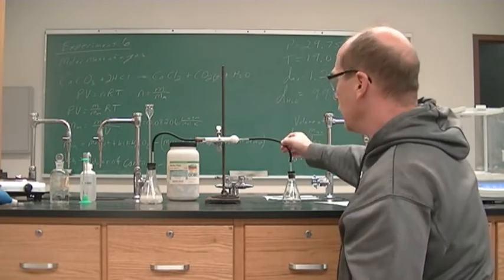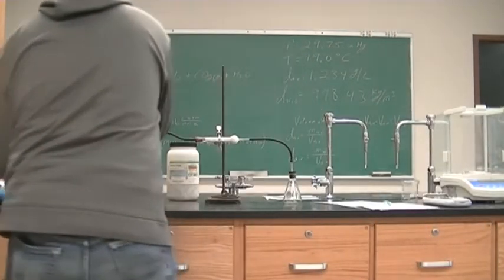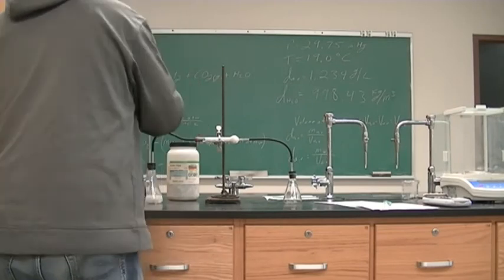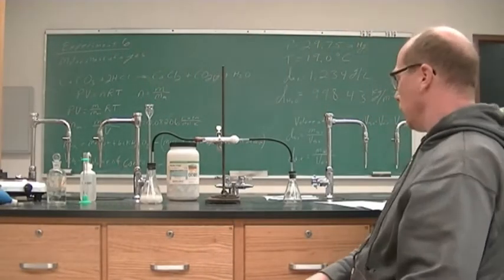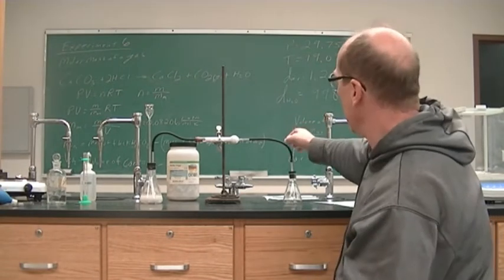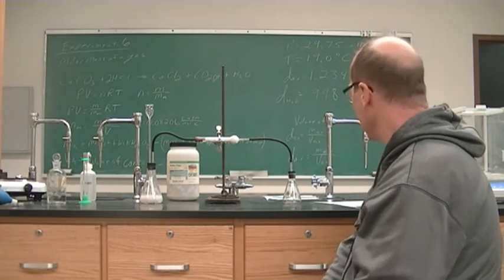All right, we're still generating CO2. I'll add one more shot of HCl. All right, our balance still has not zeroed out yet. We're waiting for the balance to zero out. Then I will weigh this again. Our CO2 is generating at a large clip again.